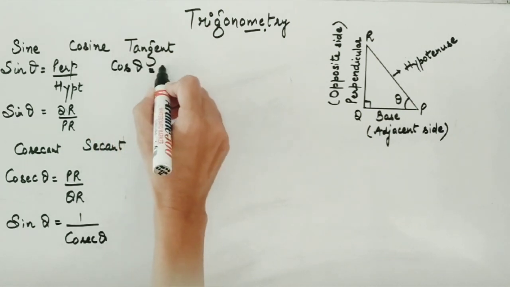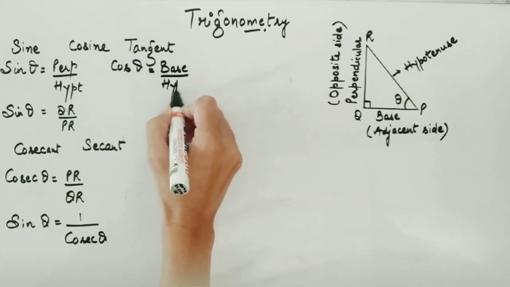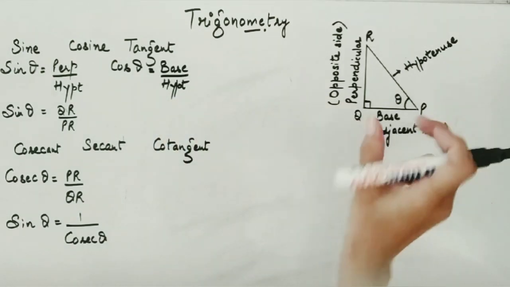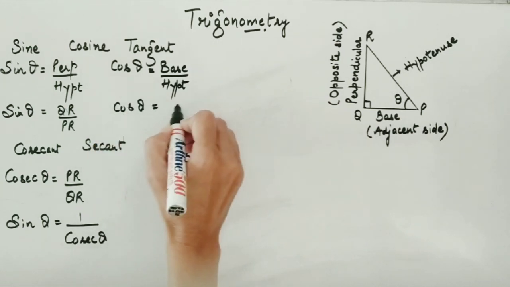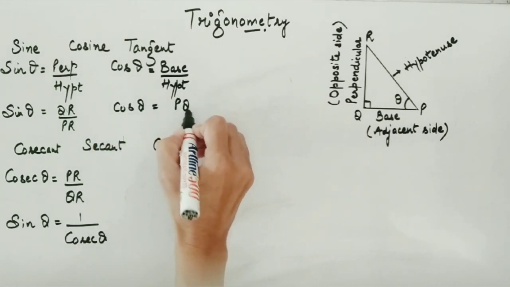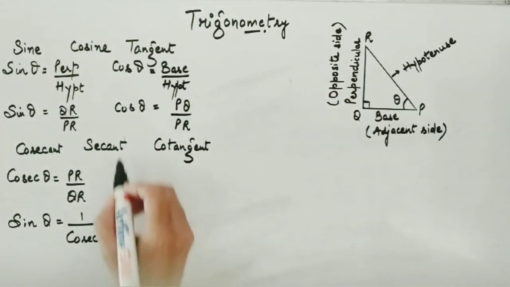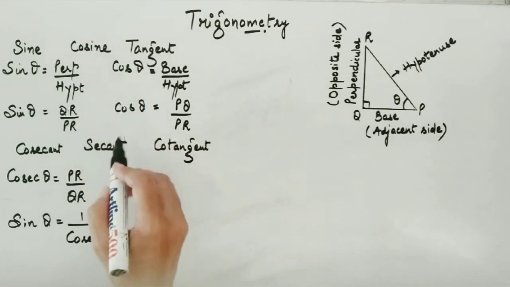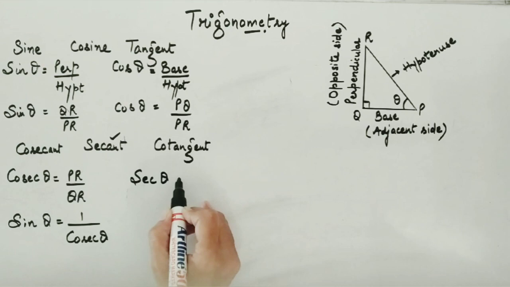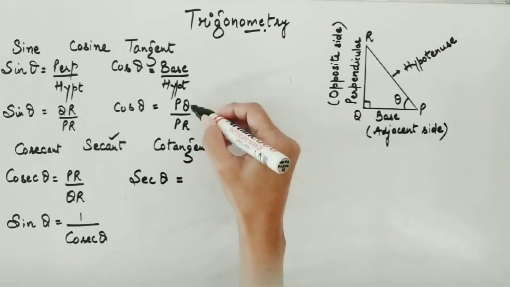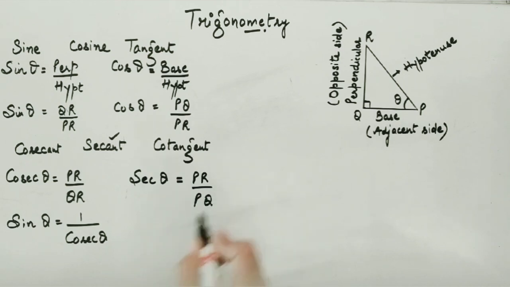Then comes cosine, or cos theta. Cos theta would always be base upon hypotenuse. The base over here is PQ, the hypotenuse is PR. Now cosine's reciprocal or partner is secant, so secant theta would be PR by PQ.